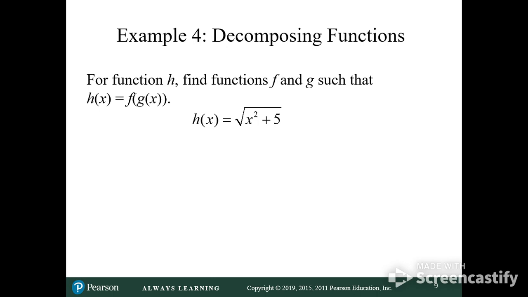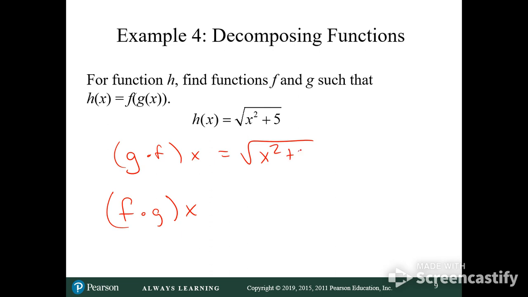Let's decompose a function here. Okay? So, if h of x is this, what could g of f of x be for that? Well, that's what g of f of x is. So what would g of x be?